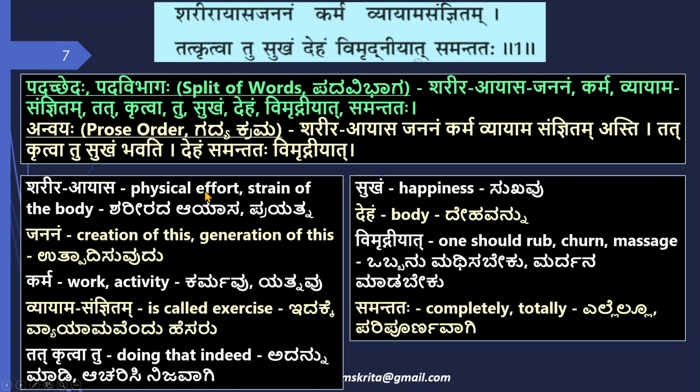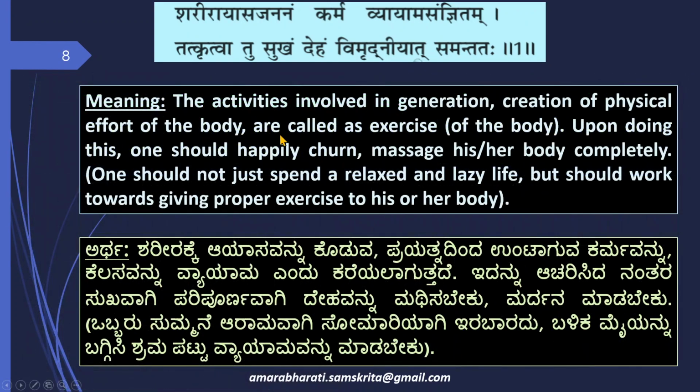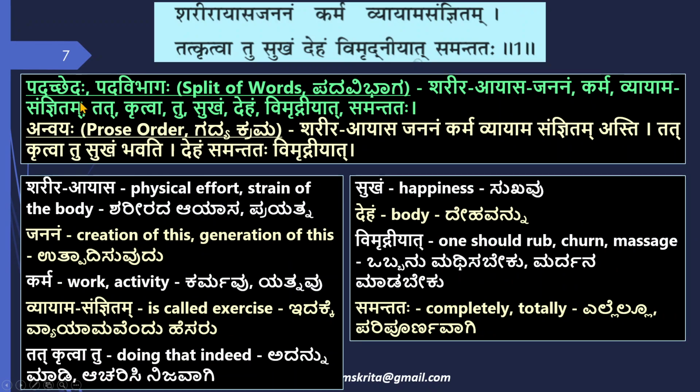The third step is Pratipadartha, means we get to know the meanings of the individual words forming this particular shloka. Then the last step is the overall meaning in totality of the entire shloka. So these are the first four steps. First is Padacheda, Padavibhaga. Second is Anvaya. Third is Pratipadartha. And fourth is overall or total meaning.